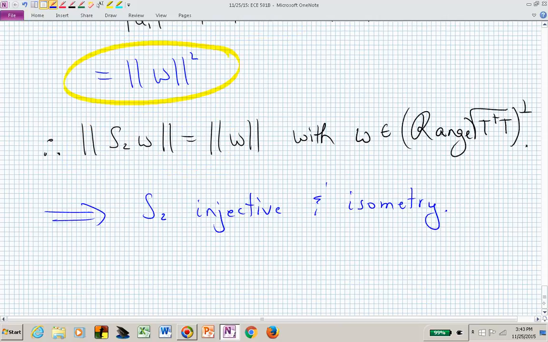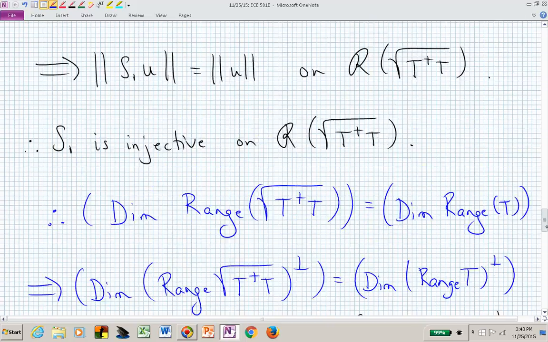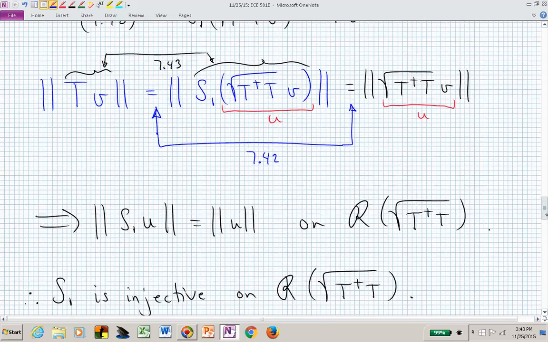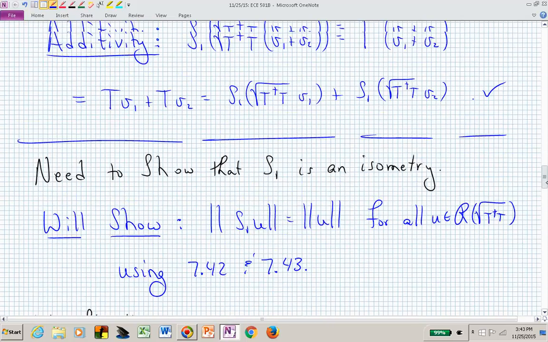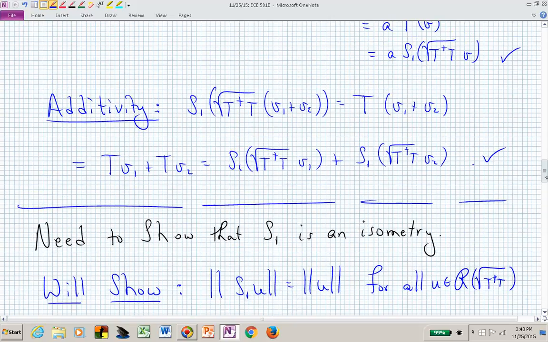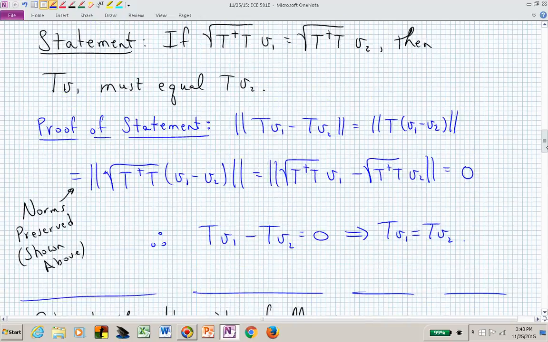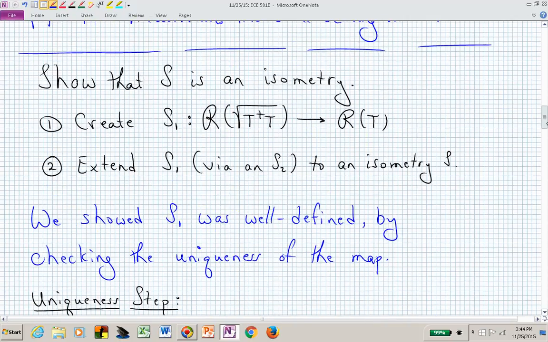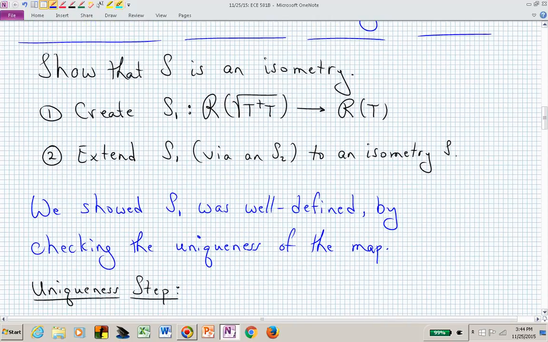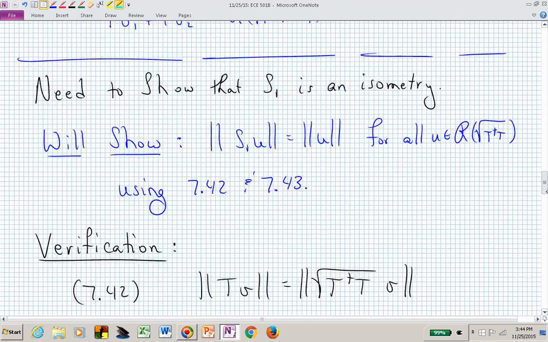Now we have, from before, we defined S1 to take us from the range of the square root of T dagger T. Where did I define that? Right here, we were saying here is how we are defining S1. It's taking us from the range of the square root of T dagger T to the range of T. It's rotating us between those two spaces.